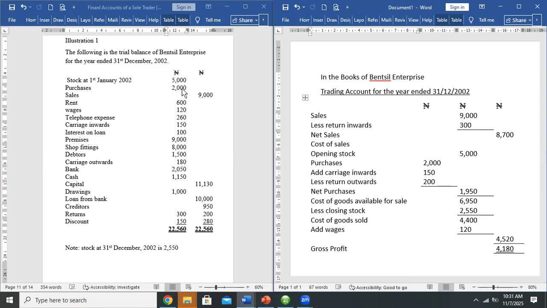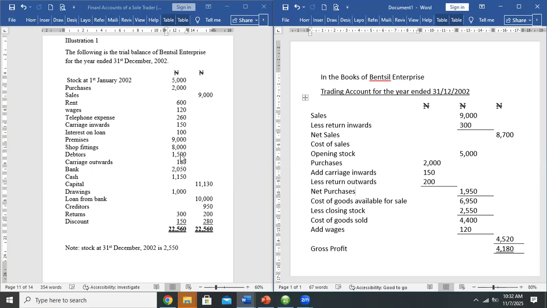Okay. So if we go through here, stock, right? Stock is an asset, right? Purchases is an expense, rent expense, wages expense, telephone expense, carriage invoice expense, interest on loan expense. Premises is a fixed asset. Shop fittings is a fixed asset.